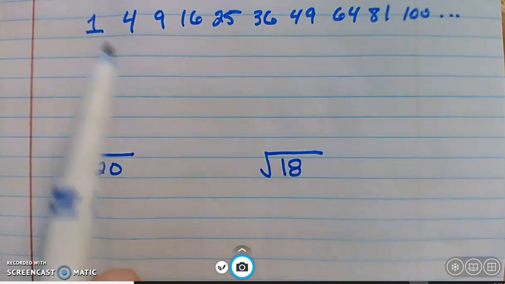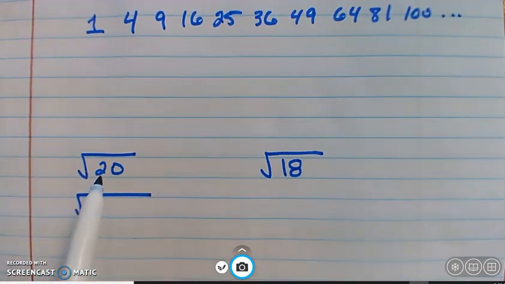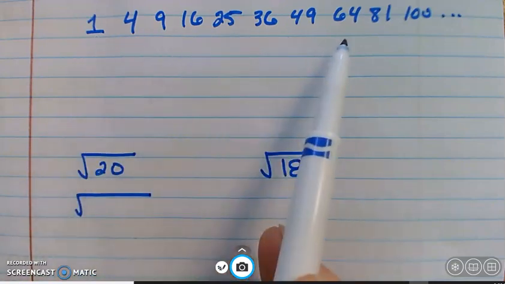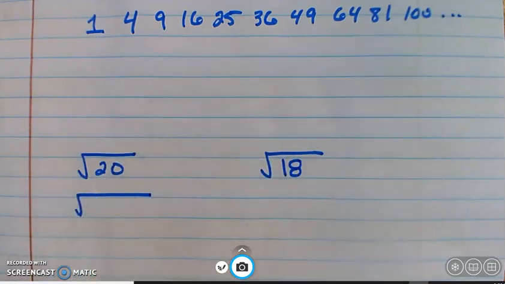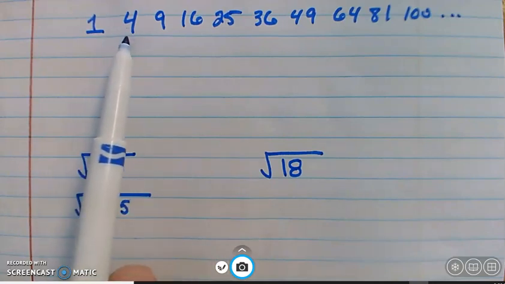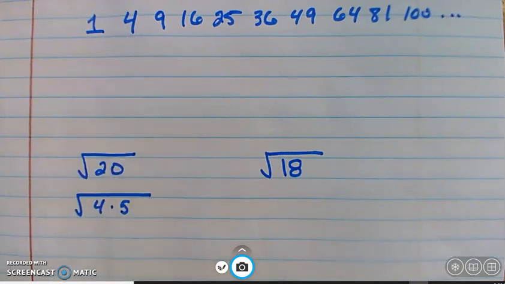What we want to do is we want to rewrite the square root of 20. We want to know, do any of these perfect squares go into 20? And I think I recognize that 4 times 5 equals 20. 4 times 5 is 20, and 4 is a perfect square. We can take the square root of 4 times 5 and actually break it into two pieces.